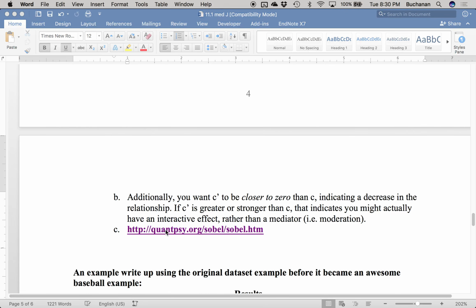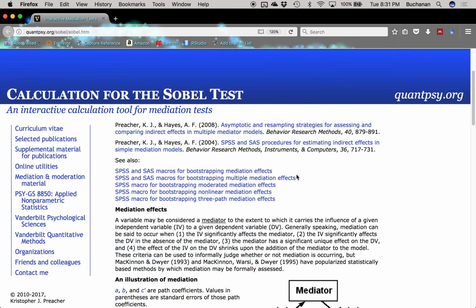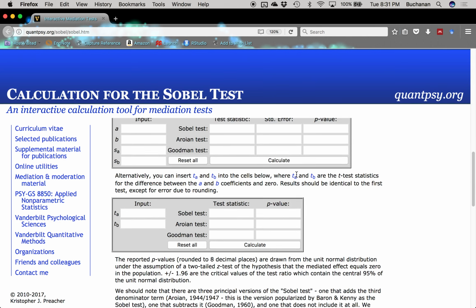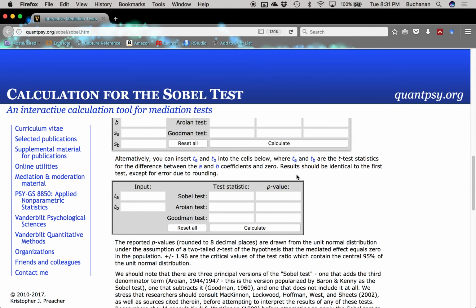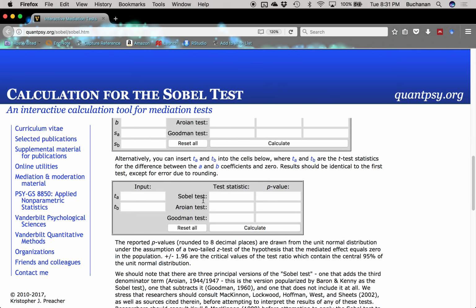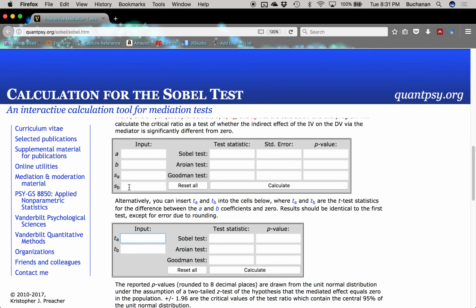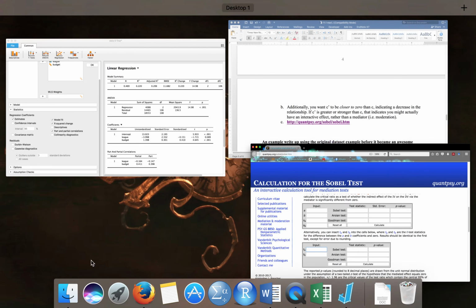The quick and easy way to do that is to use Chris Preacher's website, which is QuantPsy. We can scroll through all this stuff, and he talks about what's going on. The easiest thing to do is to enter T of A and T of B, but you could also do A and B and their standard errors from the output.